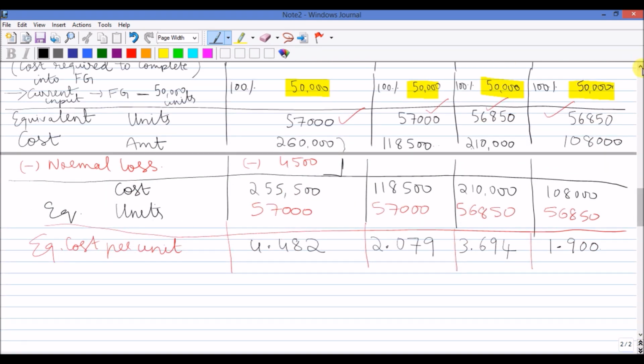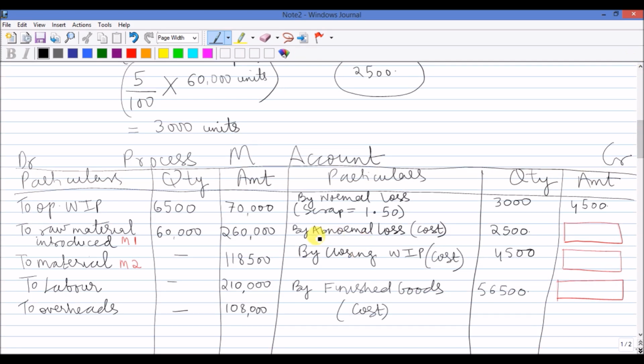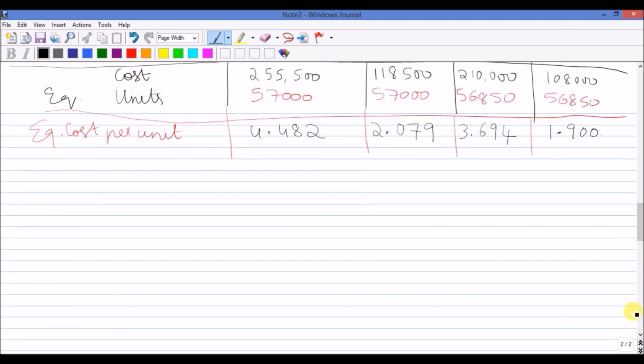Now we are on the last part of the sum, friends. Hardly it will take 5 minutes. So what I need to find is the cost of the abnormal loss. So I'm going to find it, and for this I need to refer to the statement of equivalent production, my friends.